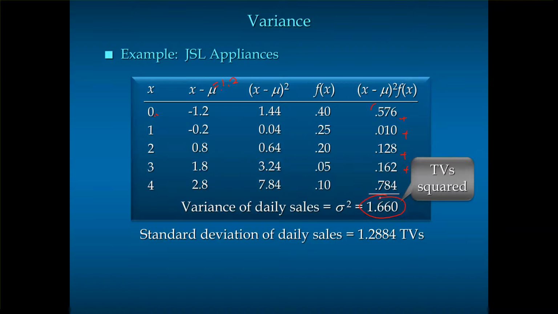We get 1.66. So the variance of the daily sales is 1.66. Now we can go further and calculate the standard deviation. We take the positive square root of 1.66, and we should get 1.2884.